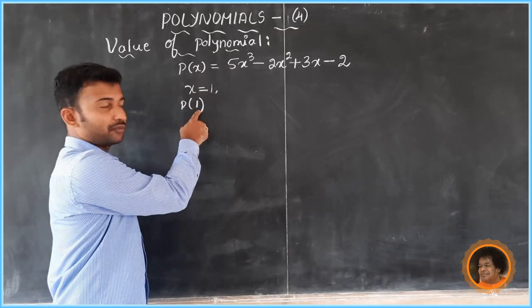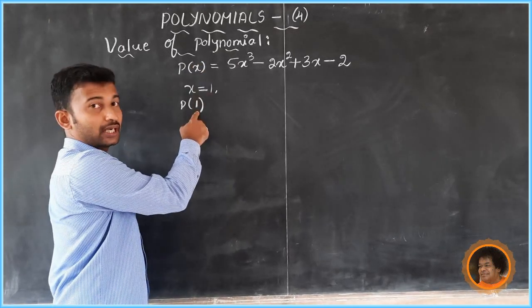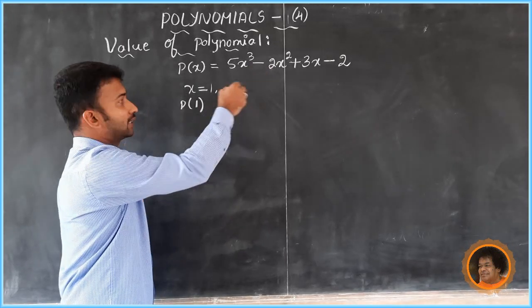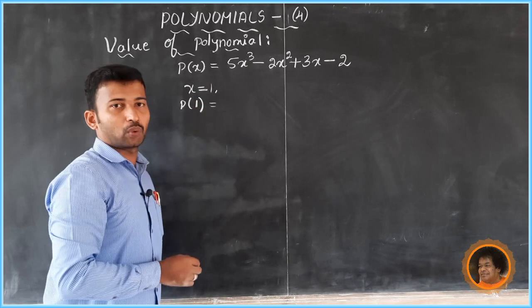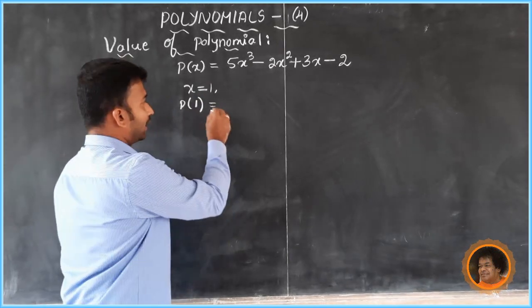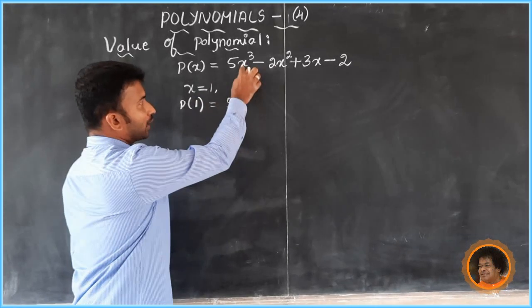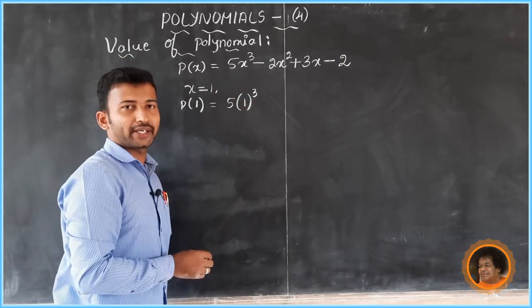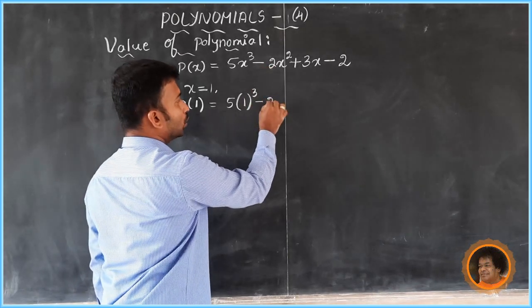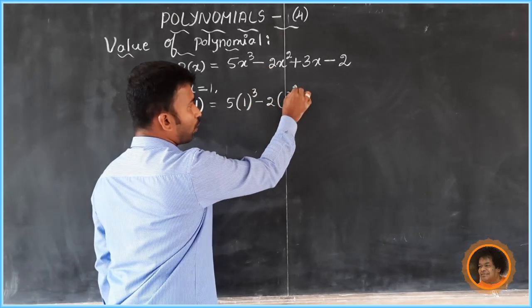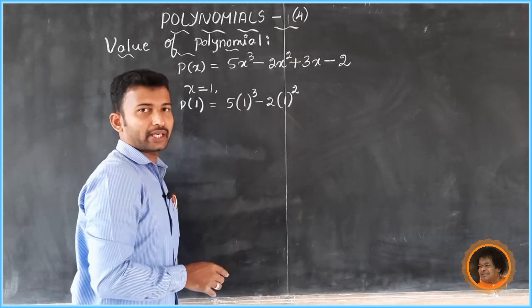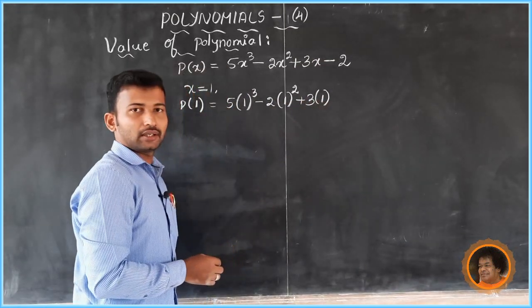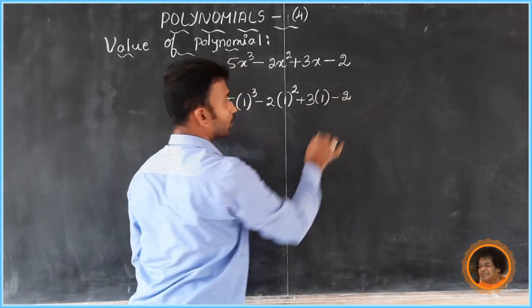P of 1 means replacing the variable in the polynomial by the value x is equal to 1: 5 into x cube equals 1 cube, minus 2 into x square equals 1 square, plus 3 into x equals 1, minus 2.